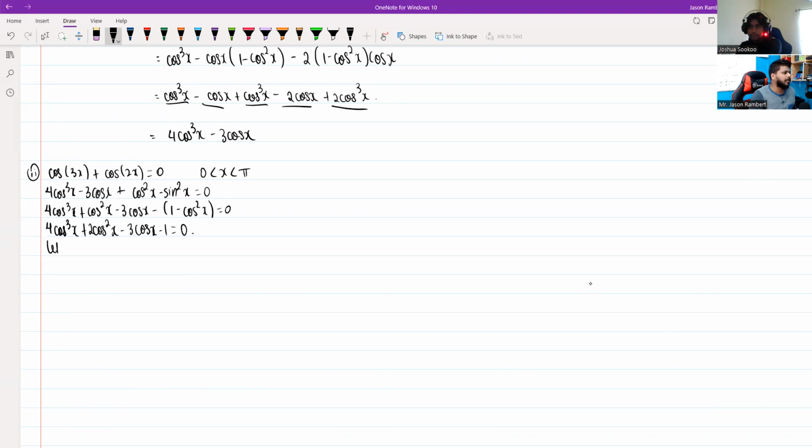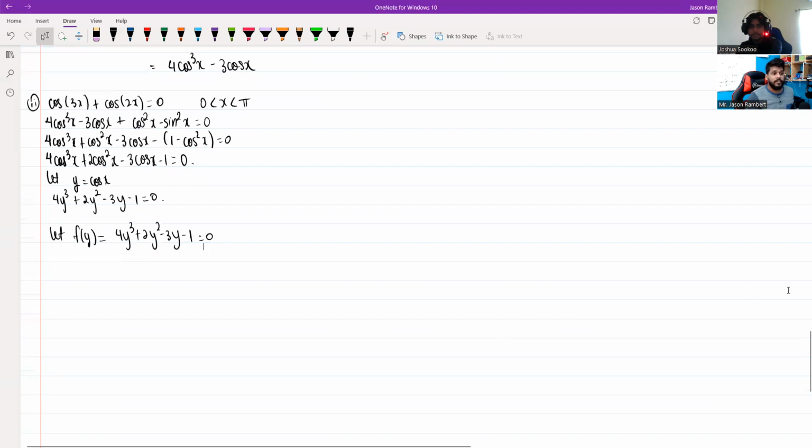Let me make a little convention that y is equal to cosine of x. I have 4y cubed plus 2y squared minus 3y minus 1 is equal to 0. I'll let f of y be equal to 4y cubed plus 2y squared minus 3y minus 1.